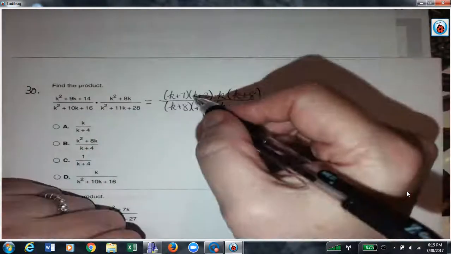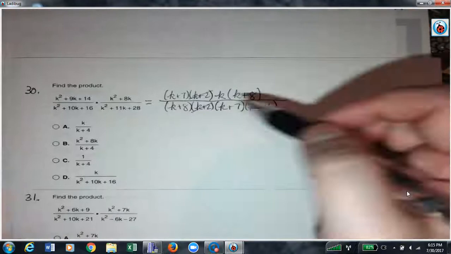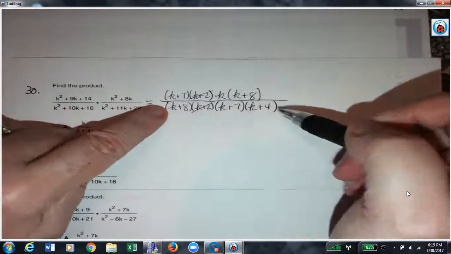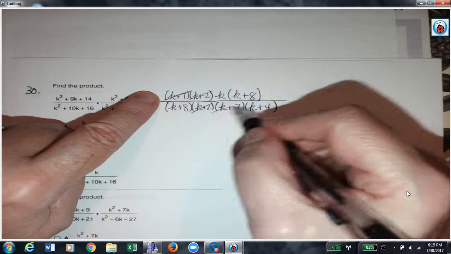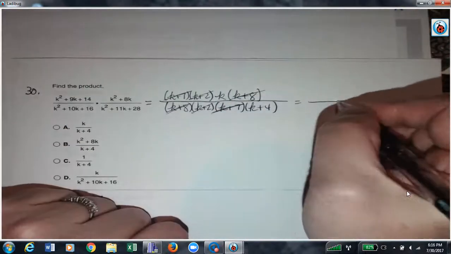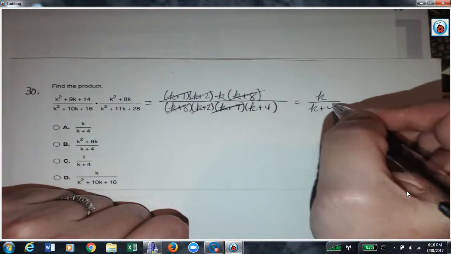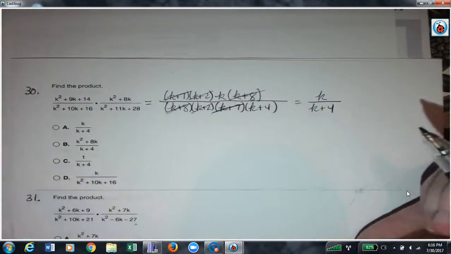Now I cancel. So I have a k plus 2 here, because I've got product in the top. Everything's a product. Everything's a product. So the k plus 7s cancel, and the k plus 8s cancel. So what am I left with after all of this? I have a k in the top, and I have a k plus 4 in the bottom.